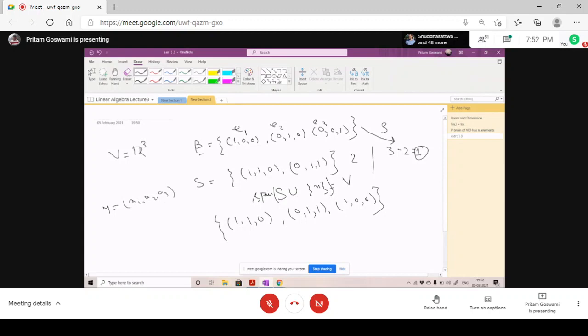For that, check: if y is a vector in V, which is (a1, a2, a3), then I can write y as x1 times (1,1,0) plus x2 times (0,1,1) plus x3 times (1,0,0).